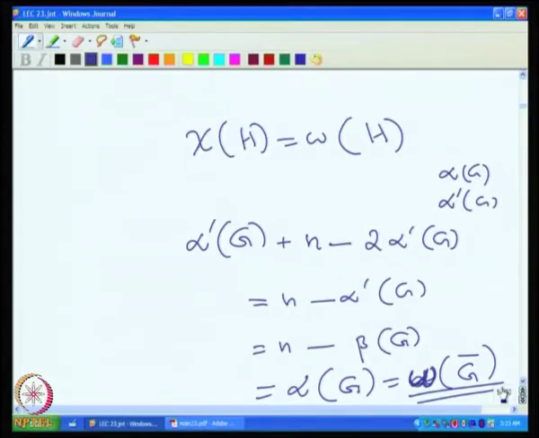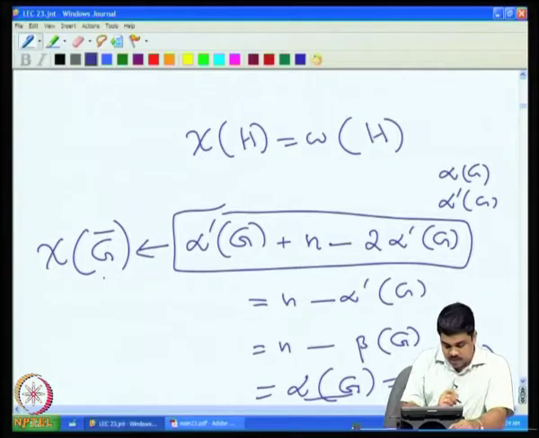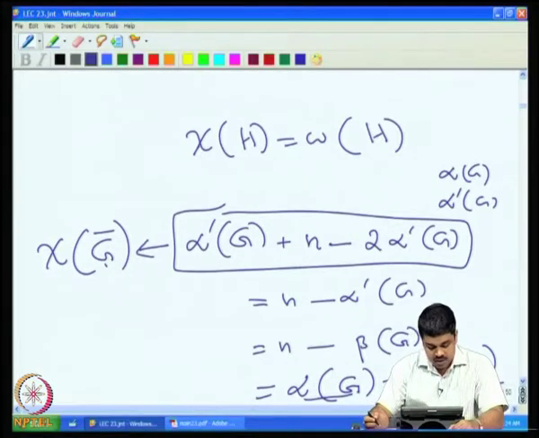So, we are talking about the complement of a bipartite graph. In the bipartite graph, its independent set number corresponds to the clique cover number, that means the minimum number of cliques required to cover the vertex set of the bipartite graph, which happens to be the chromatic number of the complement of the bipartite graph. So, we got that for the complement of the bipartite graph, chi and omega are equal.